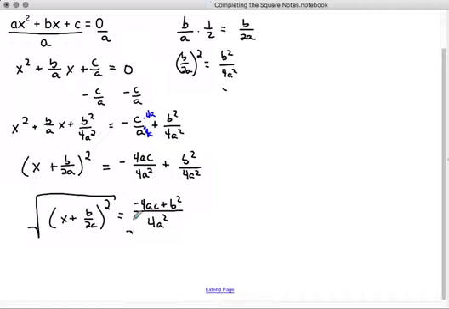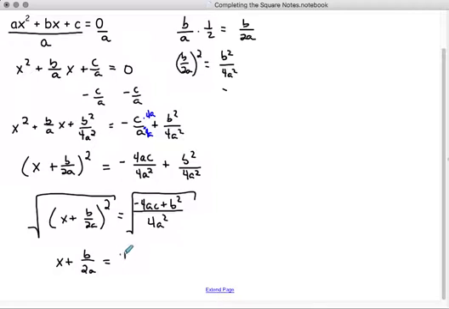If I take the square root of both sides, I get x plus b over 2a equal to the square root of this side, which might be starting to look a little bit familiar to some of you.